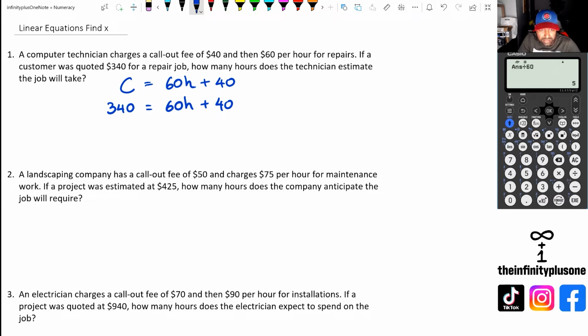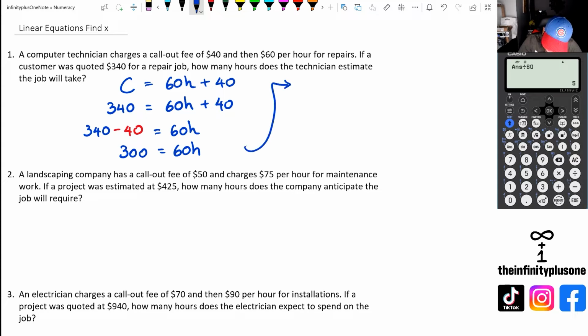Now, I'm just going to take the 40 to the other side. Because it's plus 40 on one side, it'll become minus 40 on the other side. And what we've got here is 60H is equal to 300. Now I can get rid of that 60 by dividing both sides by 60. So I get 300 divided by 60 is equal to H, and 300 divided by 60 is 5.